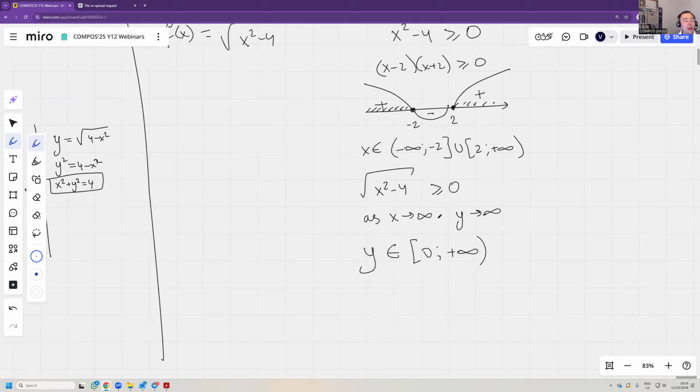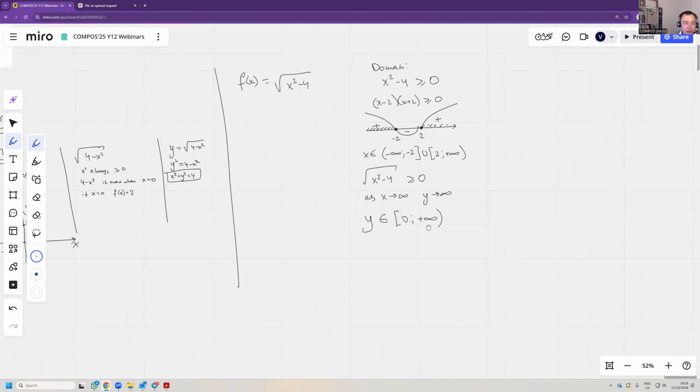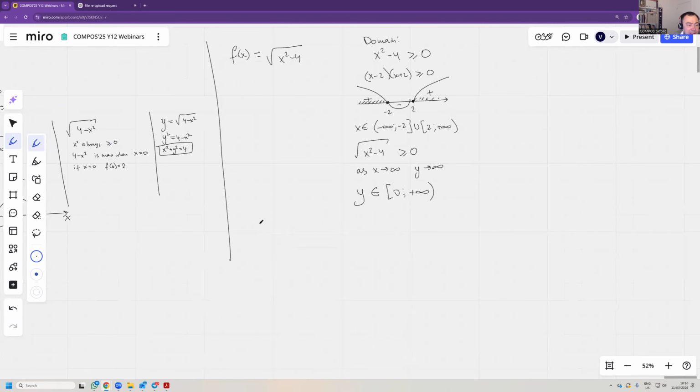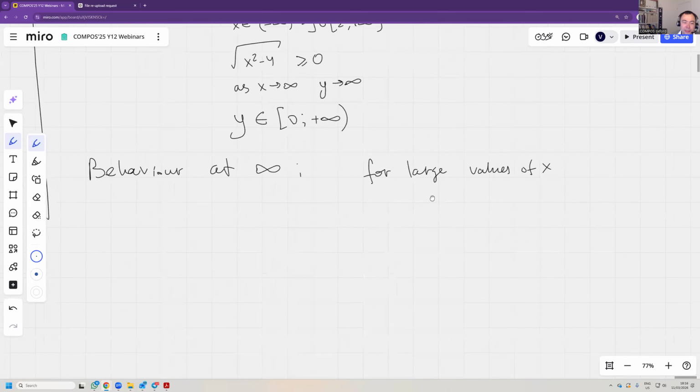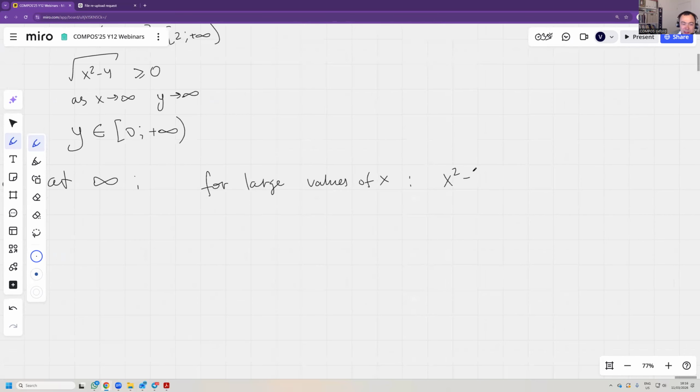Okay. And another trick that you can do here is behavior at infinity. So what can you do? Well, you can say that for large values of x, x squared minus 4 is pretty much x squared, right?